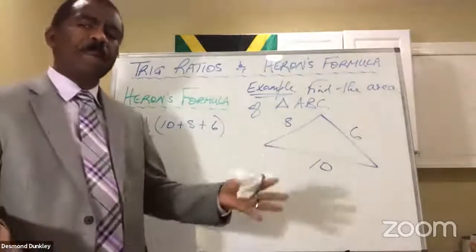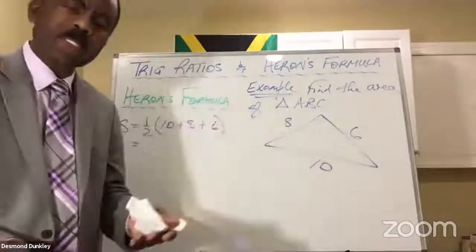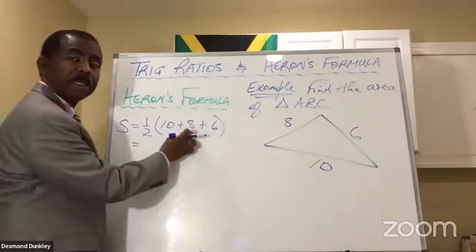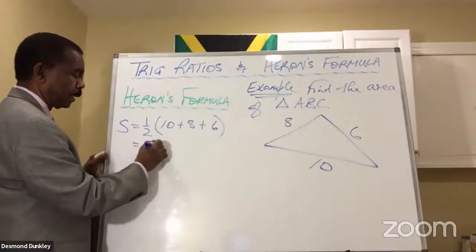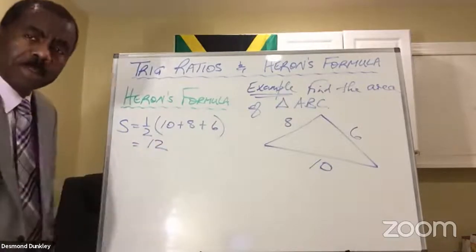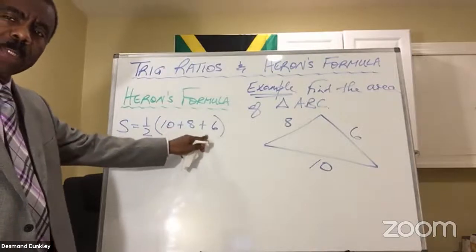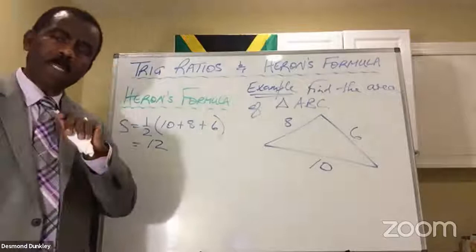If it was 7, it doesn't matter, we just get a decimal. Who cares? But just for the purpose of our conversation, let's keep it simple. So 10 plus 8, 18 plus 6, 24. A half of 24 is 12. Let's double check. 10 plus 8, 18 plus 6, 24. Times a half, 12. So that's step 1 completed.